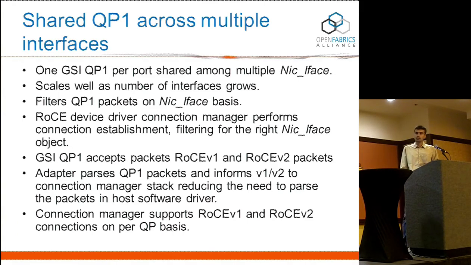So the stack could benefit by creating the Q pair once, but recycling it for one or multiple virtual functions, or VFs, of the NIC virtual ports, which are mapped to different guest VMs, by modifying those QP states during the connection establishment stage.